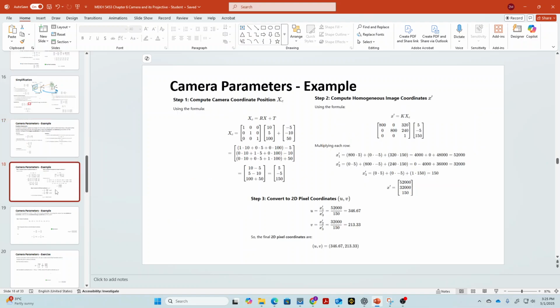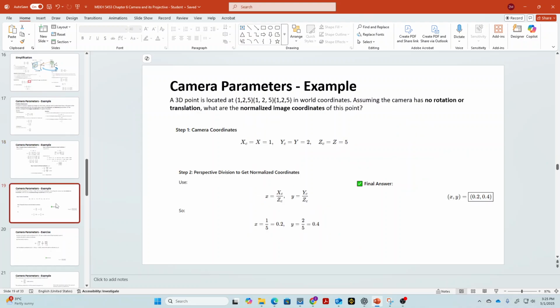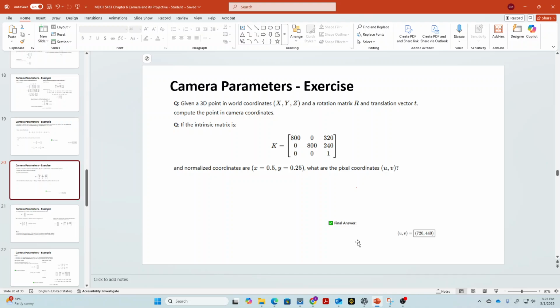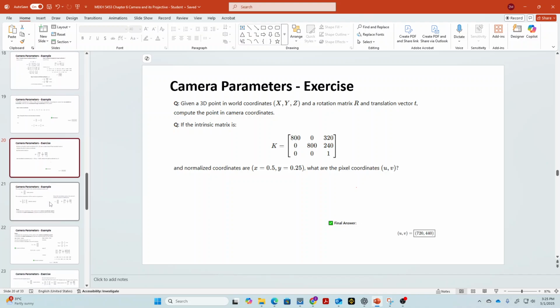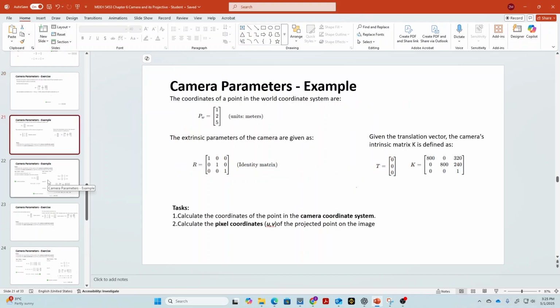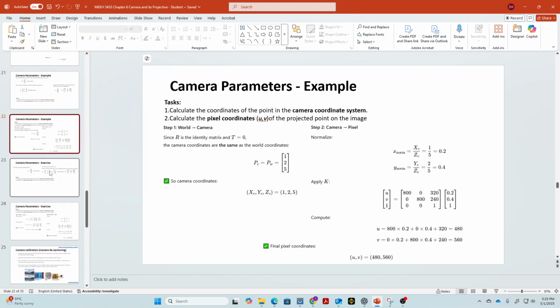You may need to look at that again, and there are a few questions in the exercise where they only have answers for you to try. This is another example with the calculations.